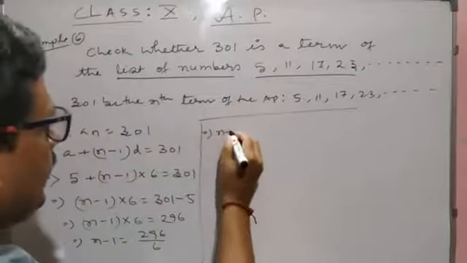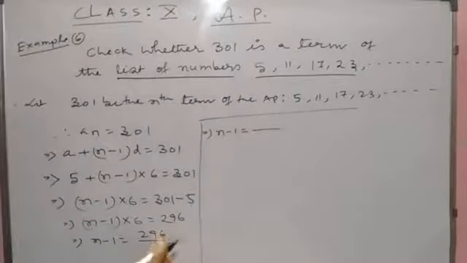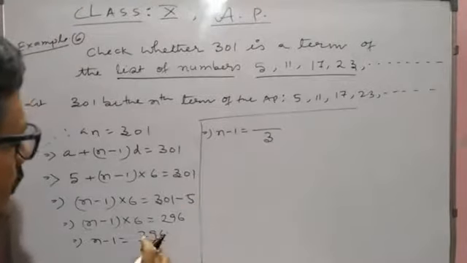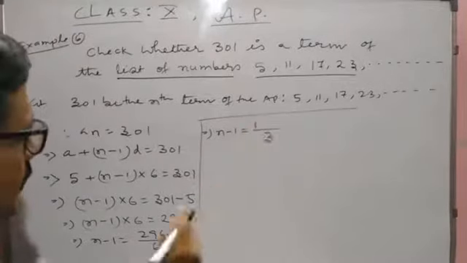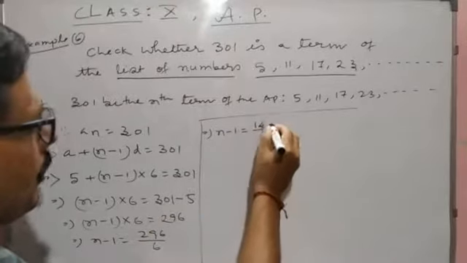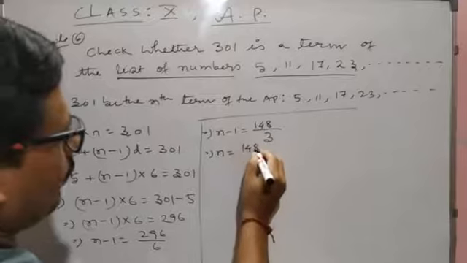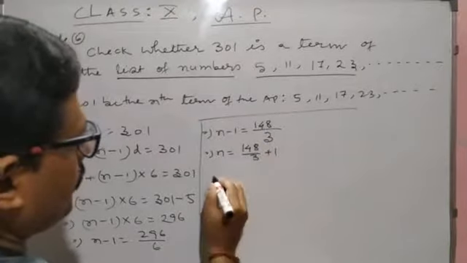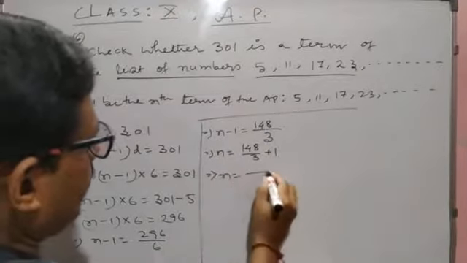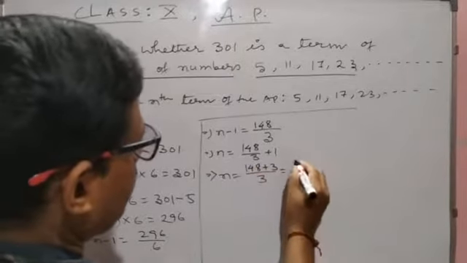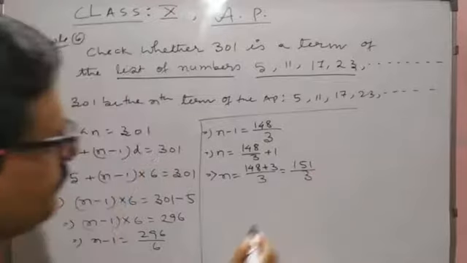If we divide by 2, this will be 3, and here by 2, then 148. Now this implies that n equal to 148 by 3 plus 1. This implies that n equal to 148 plus 3, that is 151 by 3.